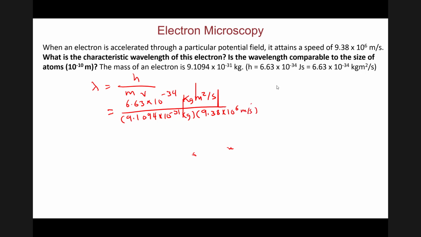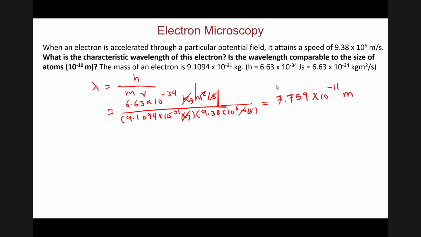And as usual, just to check, we can see that kilogram will cancel out with kilogram. Meter is going to cancel out with the square. Second is going to cancel out with second. And you will get a number in meter, which is expected for the wavelengths. That is going to equal 7.759 times 10 to negative 11 meter.